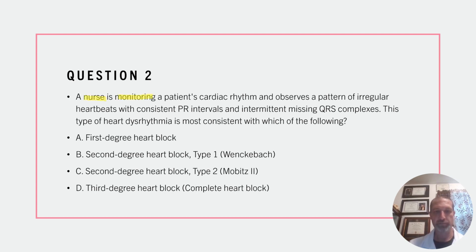They're monitoring a patient's cardiac rhythm. Observe what? We have an irregular heartbeat with consistent PR intervals. Extremely key. And it's intermittently missing QRS complexes. This type of heart dysrhythmia is most consistent with which of the following?